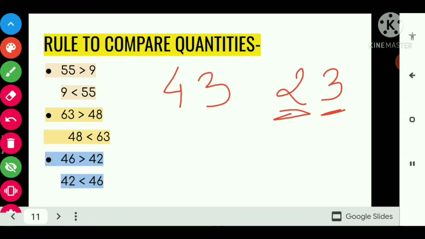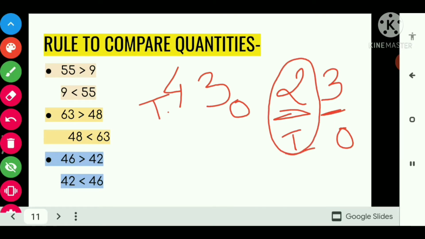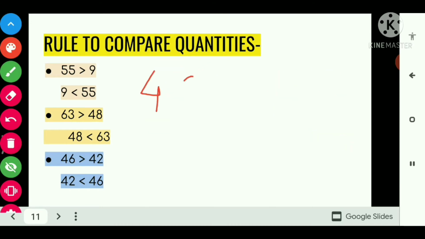This one is ones, this one is tens, and like that here also this one is ones and this one is tens. So you see the tens value: here it's 2 and here it's 4. So 4 is the bigger one as compared to 2. So the bigger number will be 43 as compared to 23.